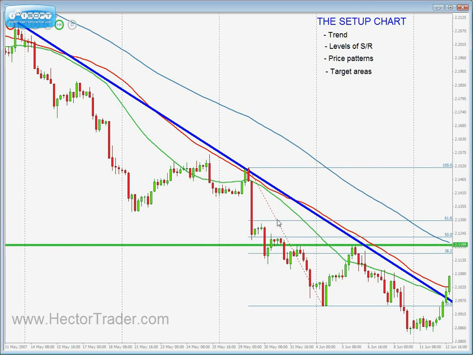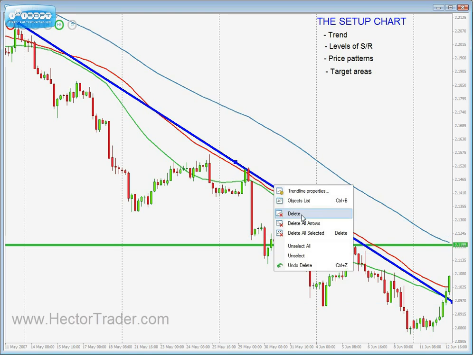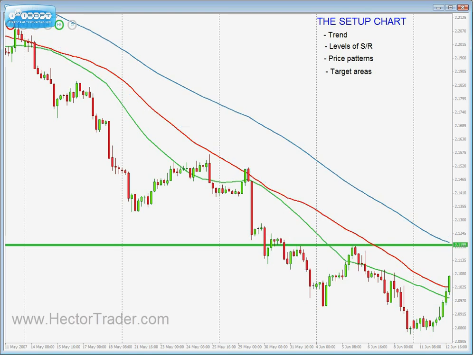Now let me remove all my different lines to clean up my chart, so I know that around the 212.00 level I have different elements making a strong confluence of resistance at that level. That means that should price retrace back to that level, I want to be looking for a possible short entry if that level holds. Of course, if it breaks through, I'm not going to be interested anymore.